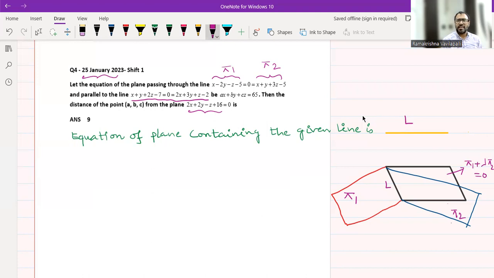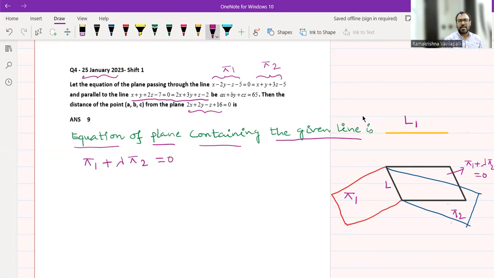So first what we will do, the equation of the plane containing the given line. The given line is this, assume this is L1. Okay. So the given plane is pi 1 plus lambda pi 2 equal to 0.